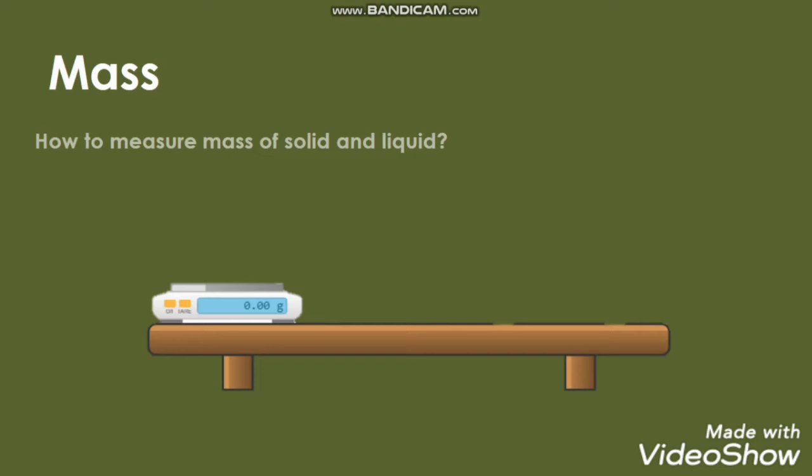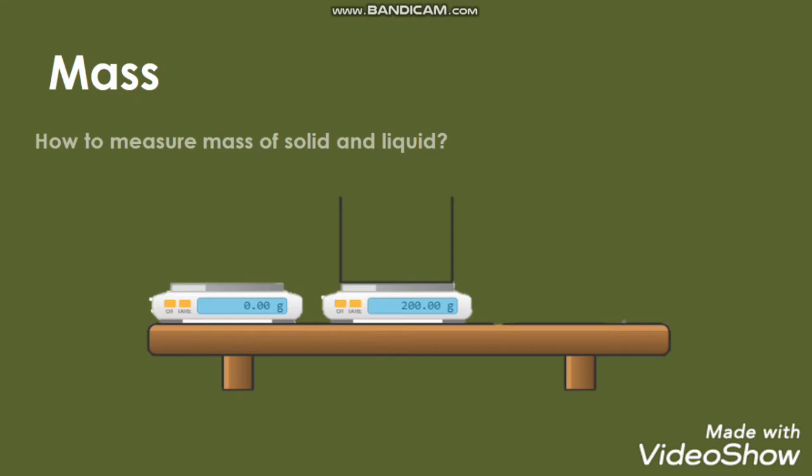I'm going to measure the mass of the empty container using the scale balance. The mass of the empty container is 200 grams. Just keep in mind that the empty container is a solid. It has a definite shape and it can be held by fingers.